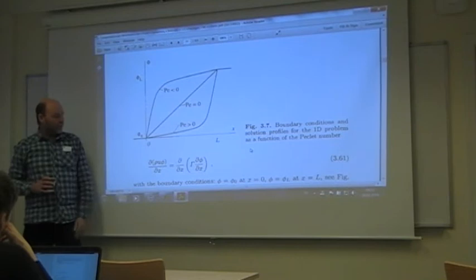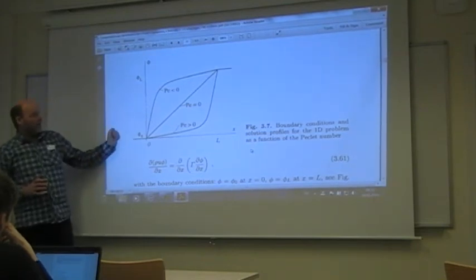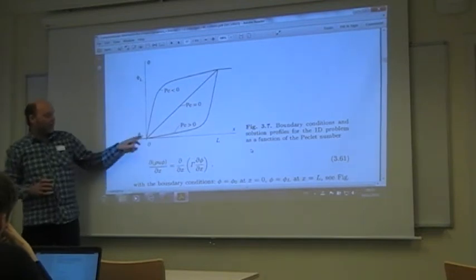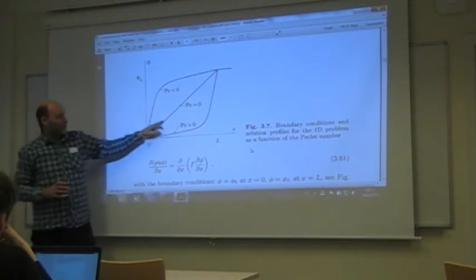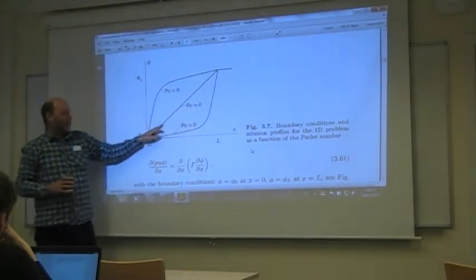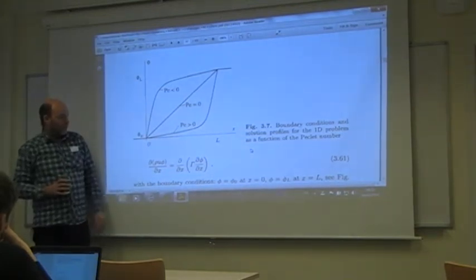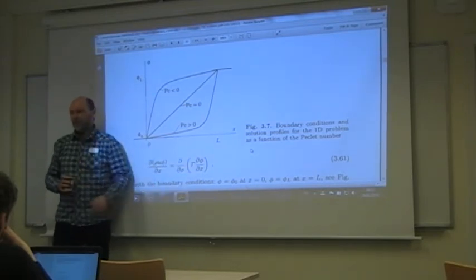And here assumed positive, then the boundary values for our phi go from v0 to vl. It should go something like this if you don't have any transport at all. So now it's a question, what is this viscosity?